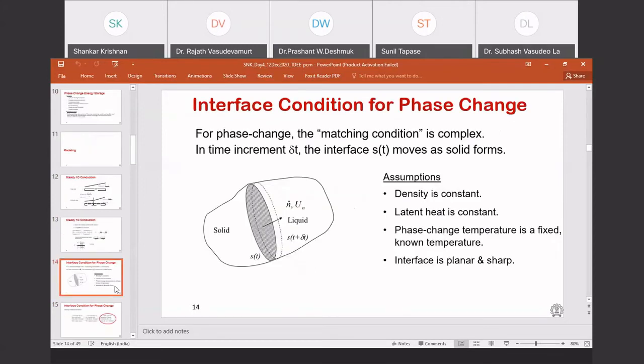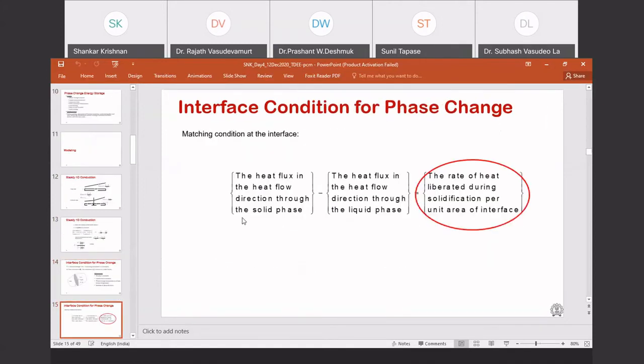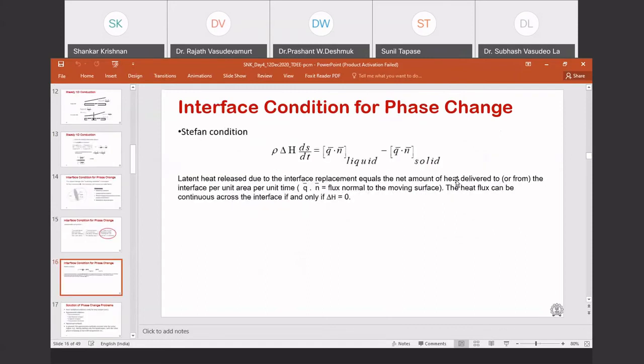So if there is phase change, now one has to account for the heat liberated. So heat flux coming in minus heat flux going out should be equal to the rate of heat liberated, if it is solidification, per unit area of interface. That is the so-called Stefan condition or matching condition at the interface, and it is given by this relationship.